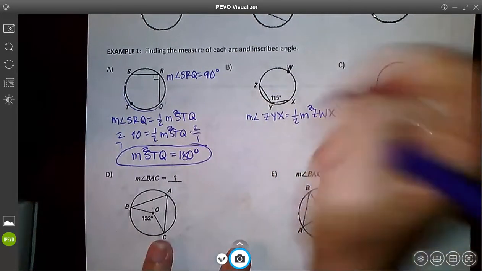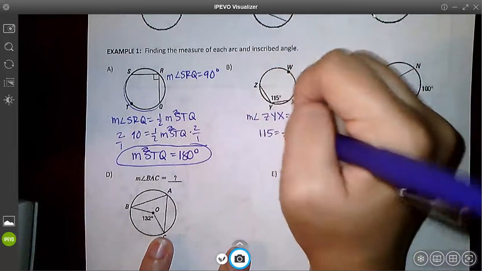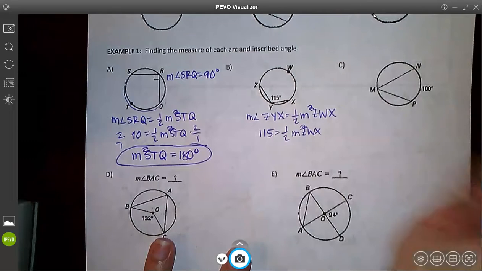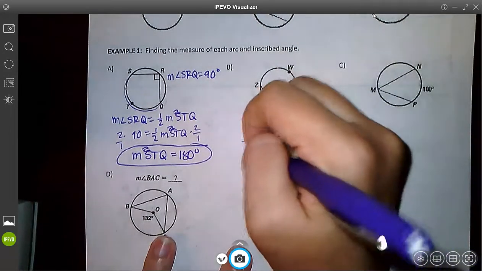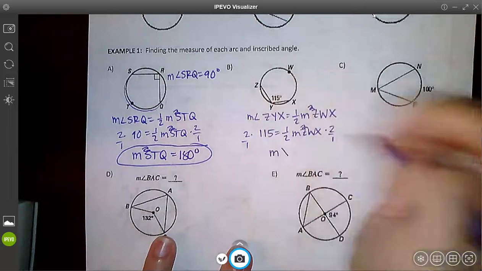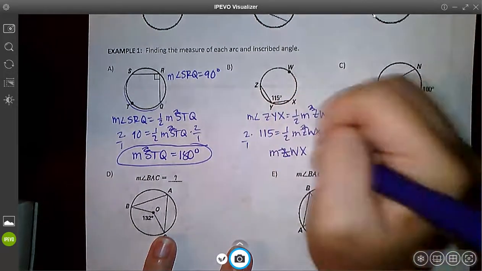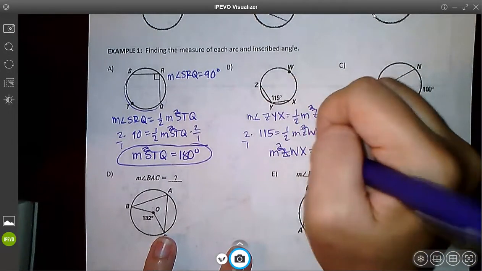We know the angle measure is 115. Multiply both sides by 2. And you get the measure of arc ZWX is equal to 230.